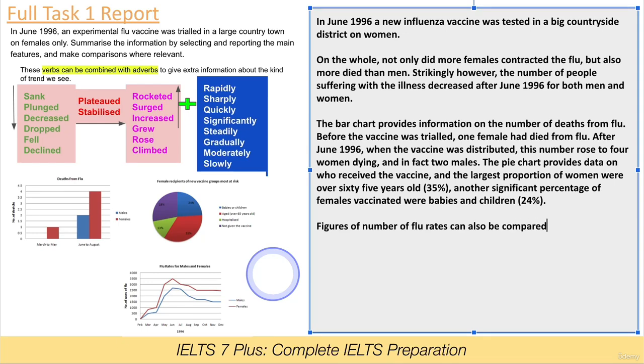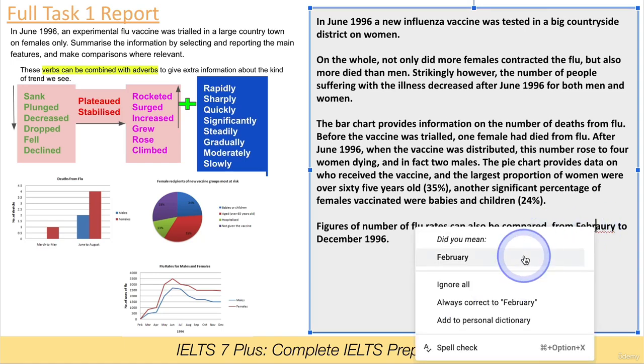Figures of number of flu rates can also be compared from February to December 1996. There we go. So they followed quite a similar trend, really. Oh, and we're spelling February right. Yes.